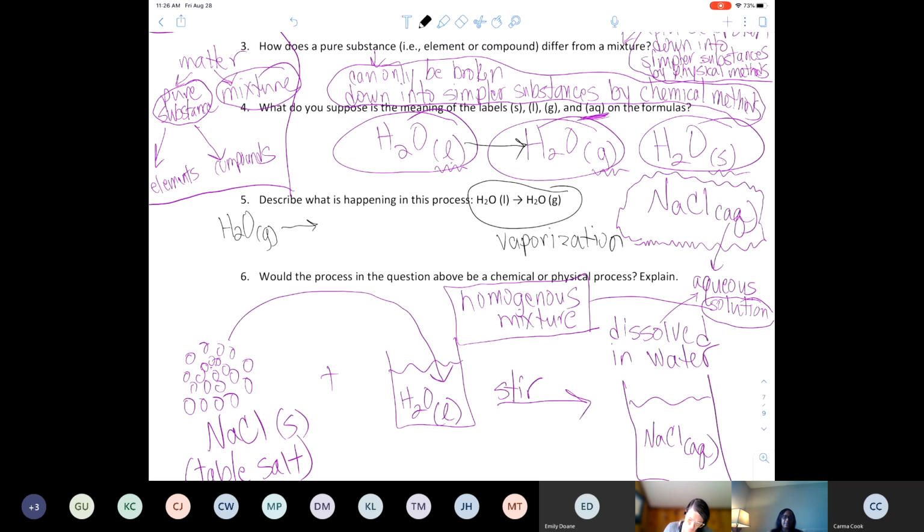Going from a gas to a liquid, that's condensation. But going from a liquid to a gas is vaporization. Or evaporation. I get the two mixed up so much. So you can say vaporization or you can say evaporation. Either one is fine.